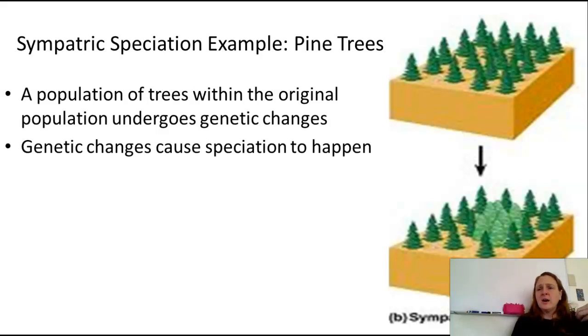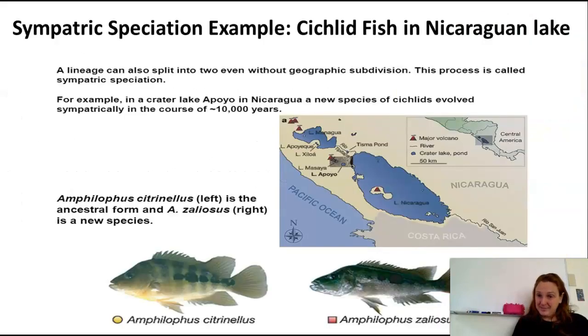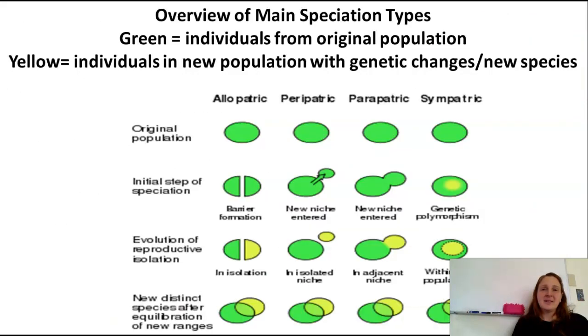So I think with plants, this makes a lot more logical sense when first learning the concept, as opposed to some of the animals. But I do give you the fish example to help you understand sympatric speciation. We tend to see this a little bit less frequently. So here are several different types of speciation that we see.